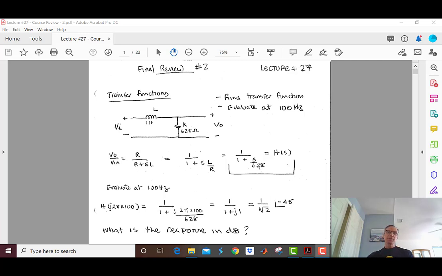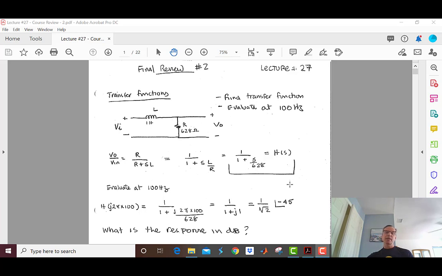So I substitute that in there. Here's my s, and I'm going to substitute in j2 pi f. I end up with 628 in the numerator and 628 in the denominator. I put that into polar form, and I get 1 over root 2, or 0.707, at an angle of minus 45 degrees.